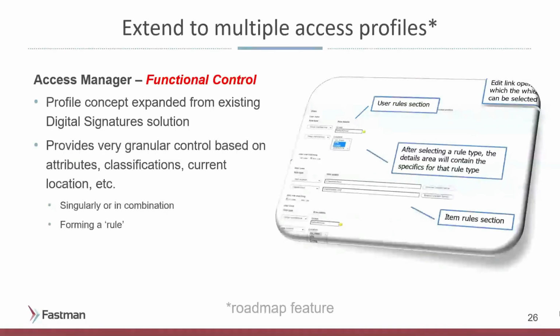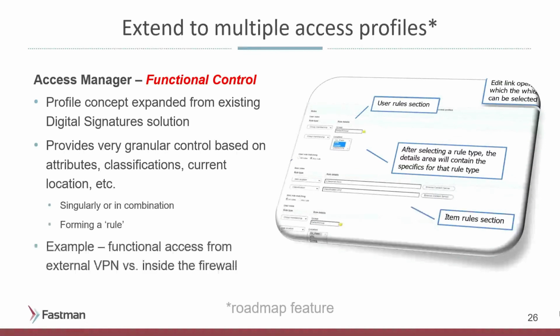So you can do the permission side of things through those processes, but now you're going to be able to do the functional aspects as well to form a rule, which you can then use in different places for different reasons, which is really powerful.